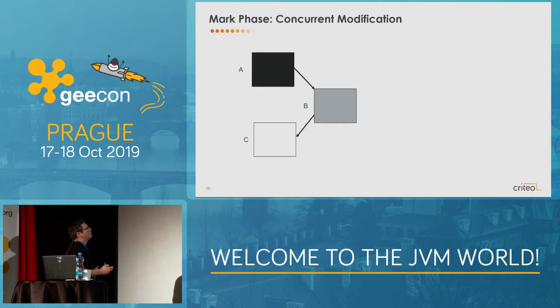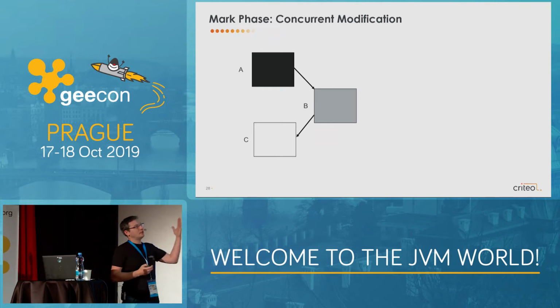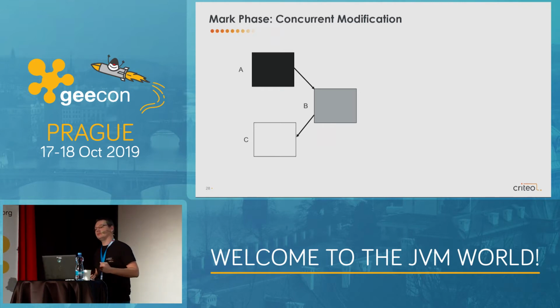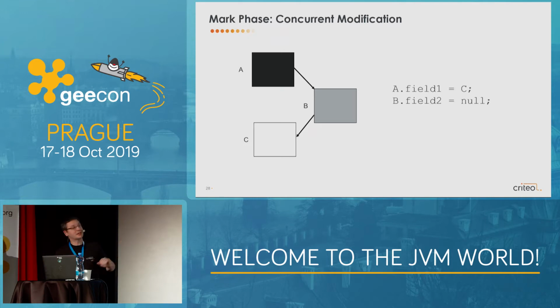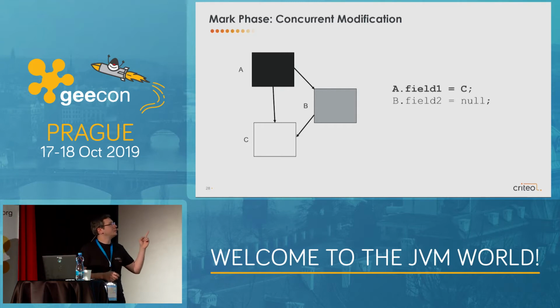With an example, it would be easier to understand. We have the same issue that we had before. We are in the middle of the concurrent marking. We have an application thread that tries to execute those instructions. If we go through those instructions, we are storing the C object into the A object. So we are loading the reference C. And as we are loading this reference, we are triggering the LVB.